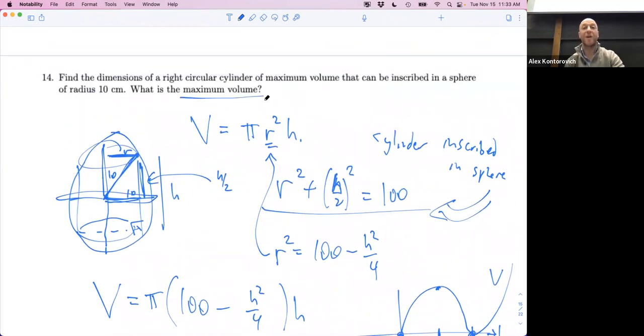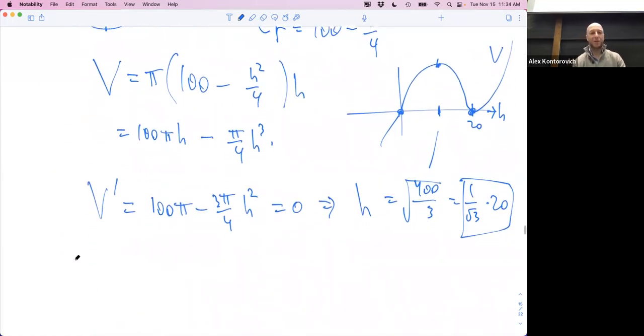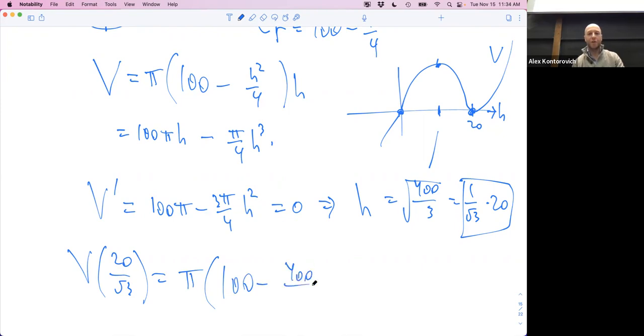What is the maximum volume? So actually, I don't have to work out what the radius is. I just want the maximum volume. So I want to know what the volume is at this maximum point. So v of 20 over root 3, I go right back to here. Pi times 100 minus h squared, which is 400 over 3, over 4.